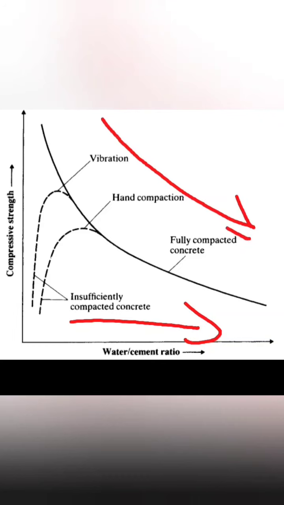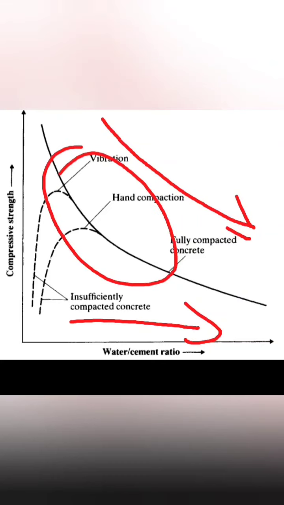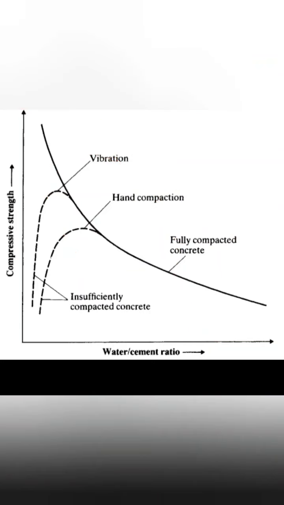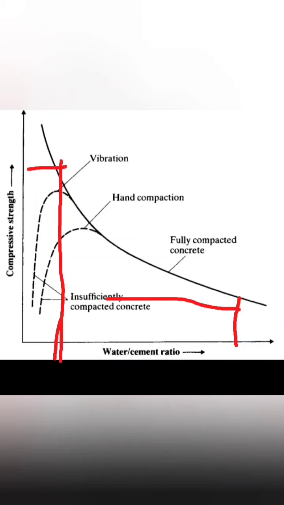This is because of the availability of more pores from the evaporation of the excess water which is left in the hydrated mass. So the lesser the water content, the more the compressive strength, and if the water cement ratio is more, the compressive strength will be less.